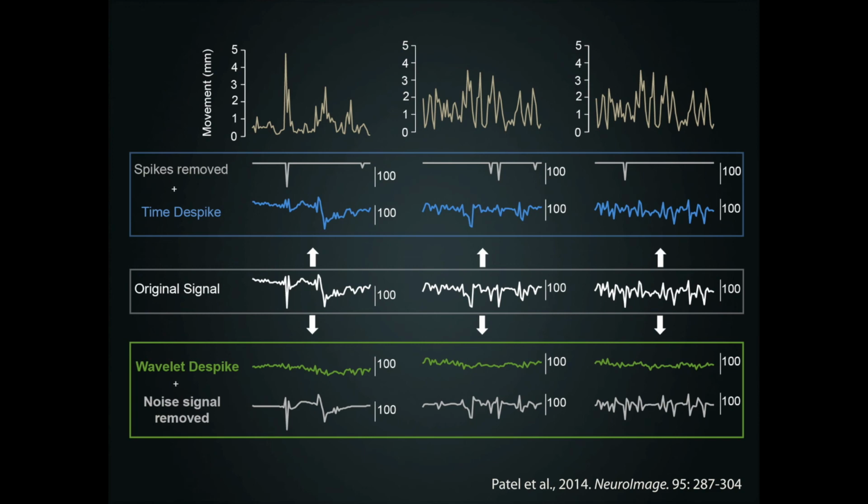Now, the problem with the time despike algorithm is that it looks for specific spike patterns, and as I mentioned earlier, we know that motion artifacts are very inhomogeneous, which can take on a number of different and unpredictable forms. What is nice is the remarkable efficiency with which wavelet despiking handles a range of different non-stationary motion artifacts.